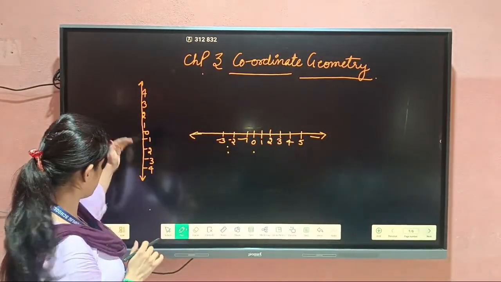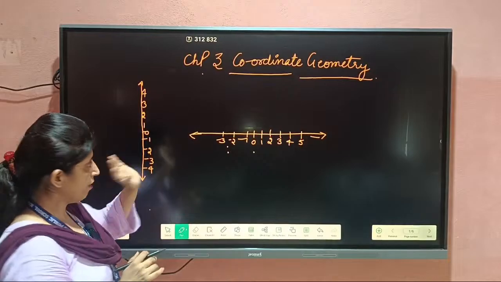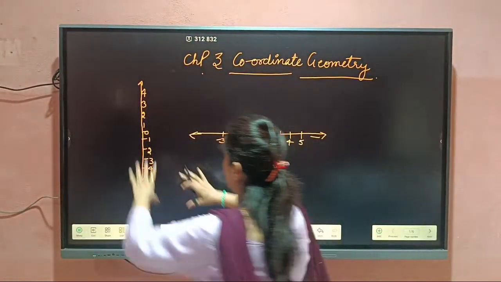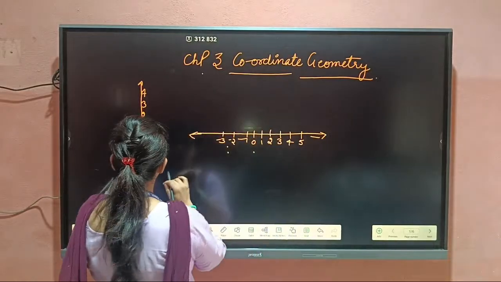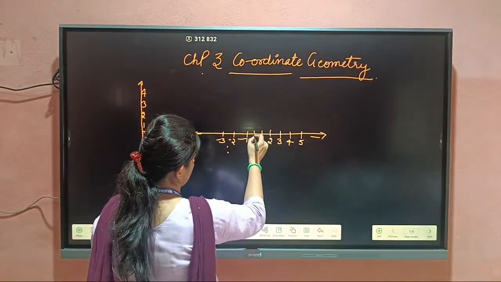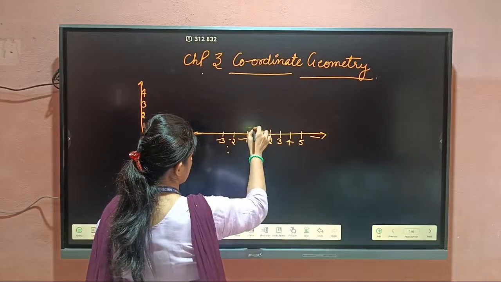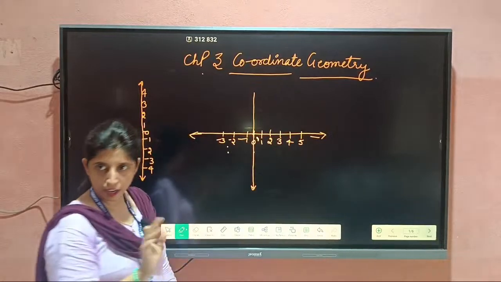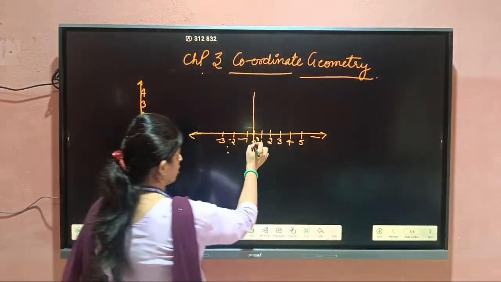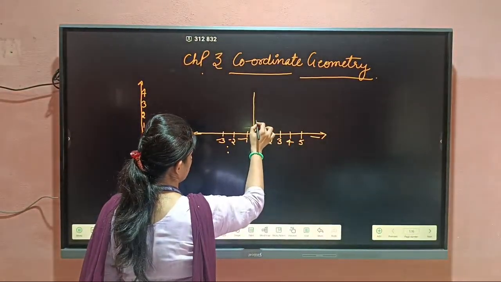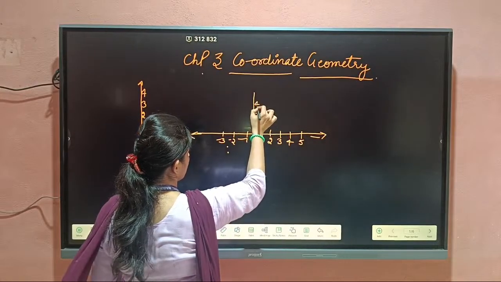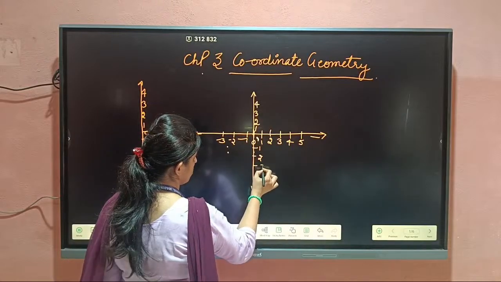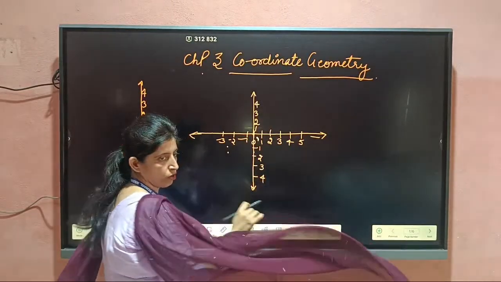And we can take one side negative, one side positive. If we join these two lines, when both zeros meet, meaning at this point, this line will come in like this. Right? 0 is there, 0, 1, 2, 3, 4, and in the same way -1, -2, -3.